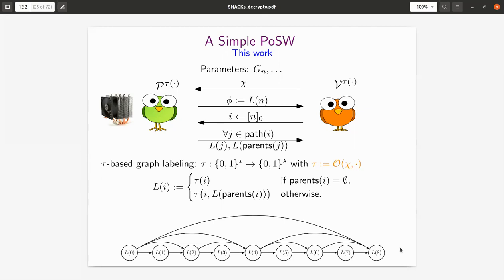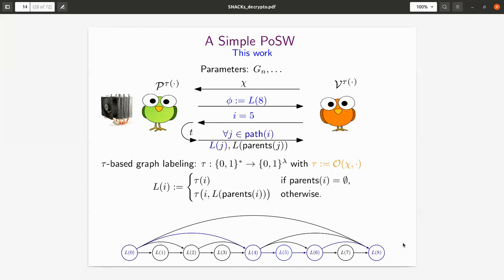The verifier will then run with the prover a challenge response phase, in which it picks, say, an index i, and then the prover will respond by first defining the path that goes from the source to the sink through the ith node, and giving the labels on this path alongside their parents. This is repeated enough many times. To exemplify, assume that the verifier picked i and i was 5, as you can see here in the graph.